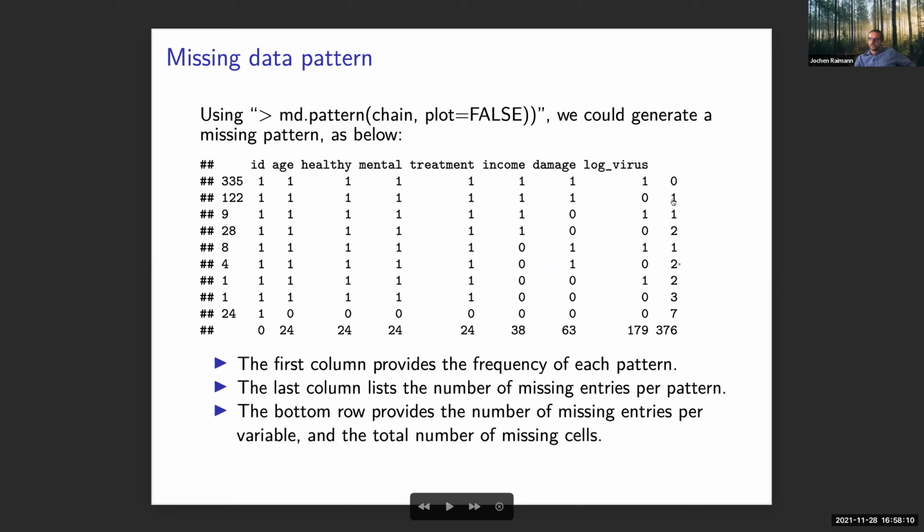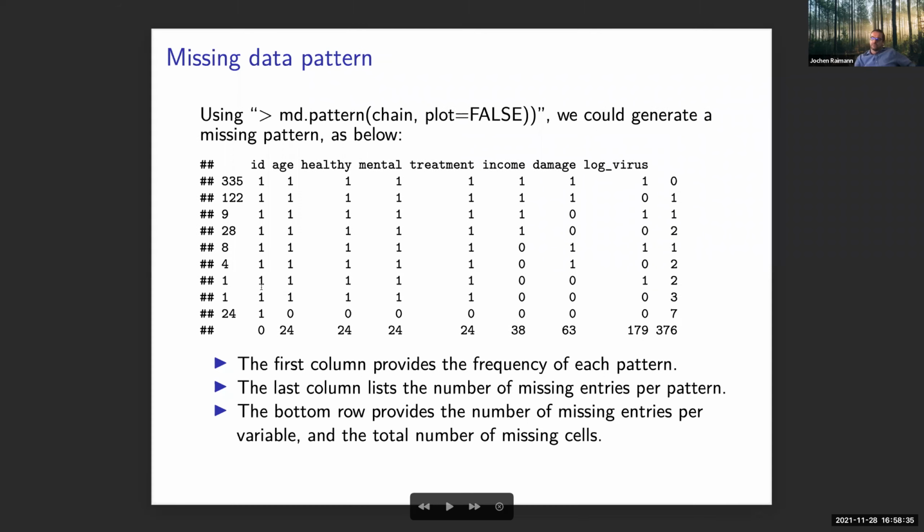On the right side, we have the number of missing entries. If all variables are there, there's 0 missing data. If there's 1 missing, you have 1 missing data. And if all are missing, you have 7 missing data, so 7 zeros.